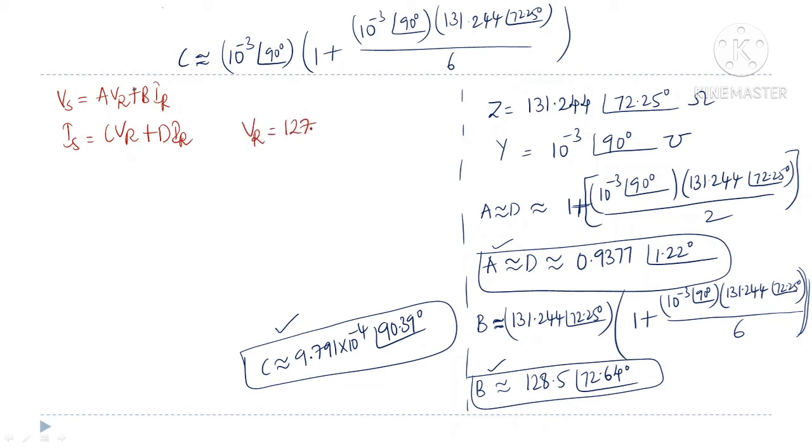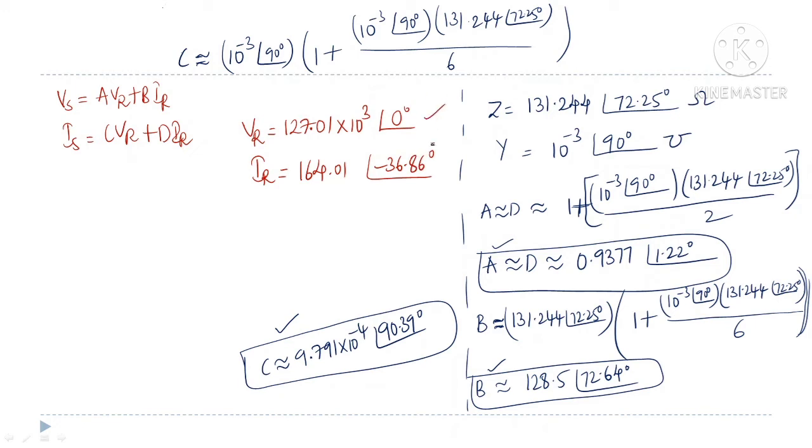You need to express VR, IR, everything in per phase, so that you will get Vs, Is also in per phase. So it is 127.01 into 10 cube because it is in kilovolts at an angle 0 degrees. Similarly, IR is 164.01 at an angle minus 36.86 degrees.